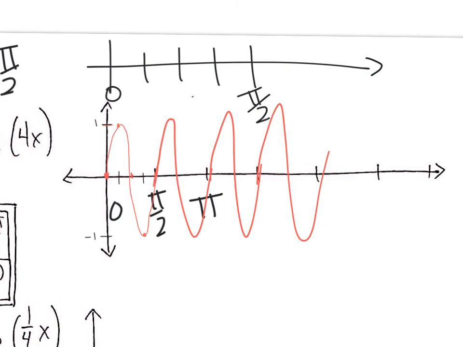And so you're thinking, well, if that's pi over 2, what's this and what's this and what's this? Half of pi over 2, pi over 4. Half of pi over 4, pi over 8. So this would be 2 pi over 8, 3 pi over 8, 4 pi over 8, which simplifies to pi over 2.